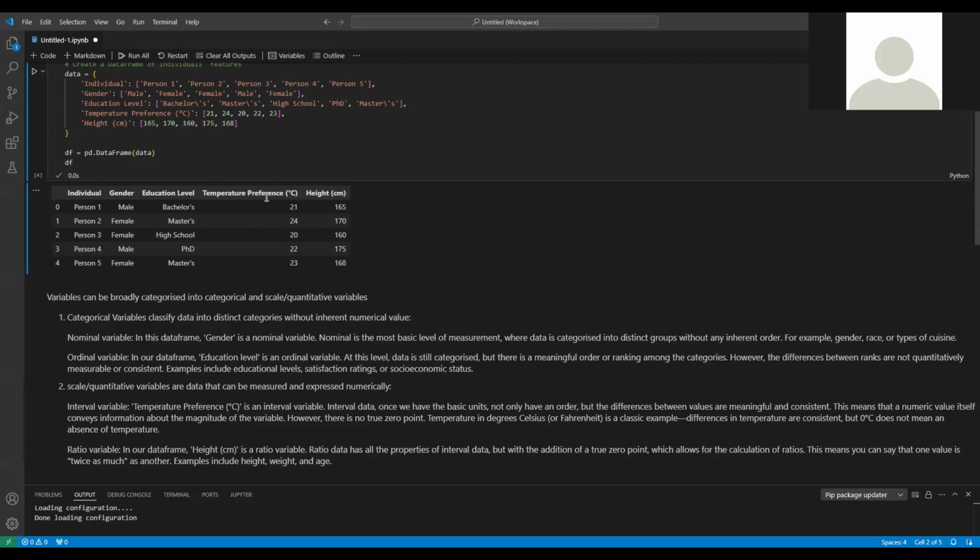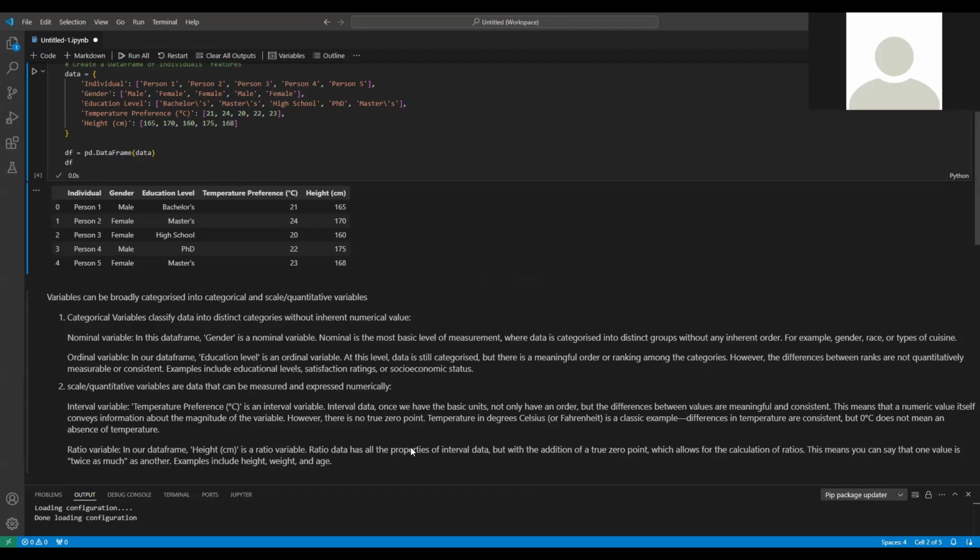For example, for temperature we have chosen degrees Celsius, and for height we have chosen centimeters. Regardless of which unit you choose, the choice of a basic unit has already set up consistent differences. That's why you could quantify them. For example, 21 degrees Celsius describes a warm condition.